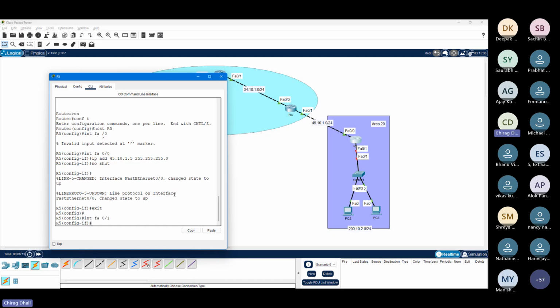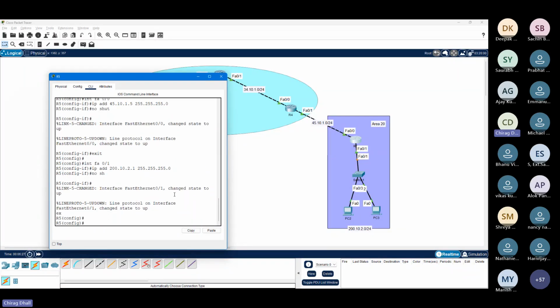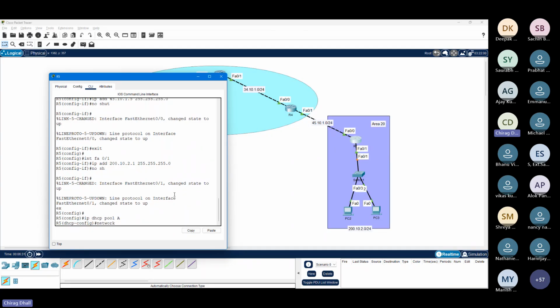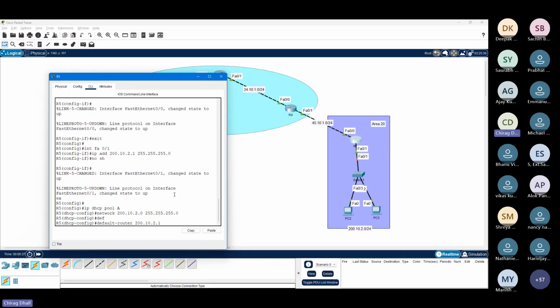Interface Fa0/1, IP address 210.2.1.1/24, no shutdown, exit. Then ip dhcp pool A for the network 210.2.1.0 with a gateway address of 210.2.1.1.